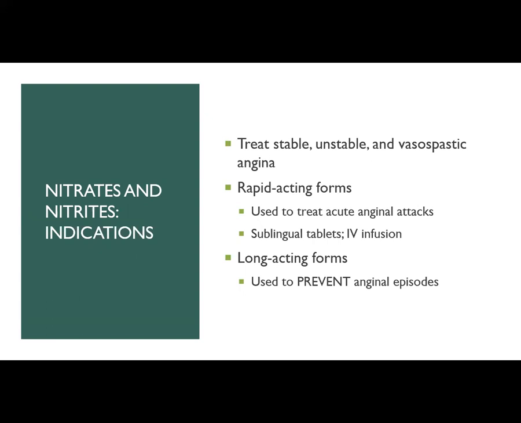You've got rapid forms, which are used to treat acute angina attacks. Those are your sublingual and IV infusions, and then long-acting forms, which are used to prevent anginal episodes.